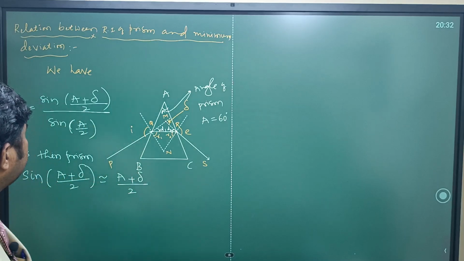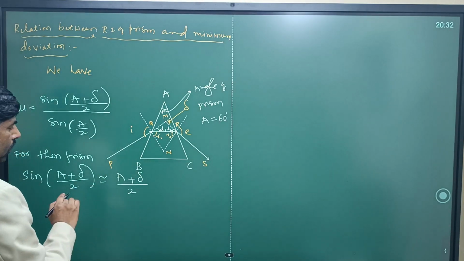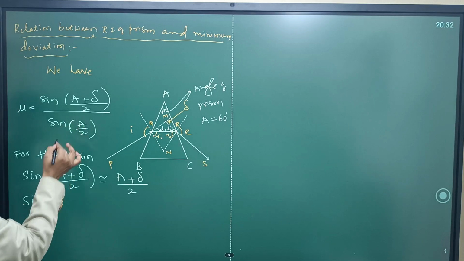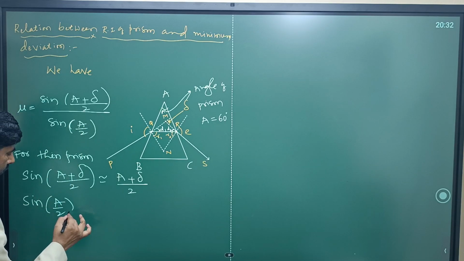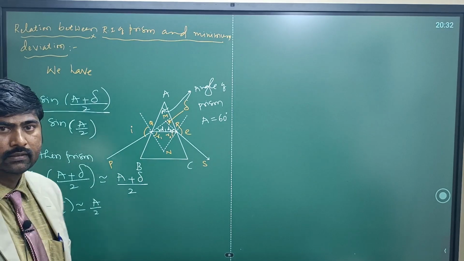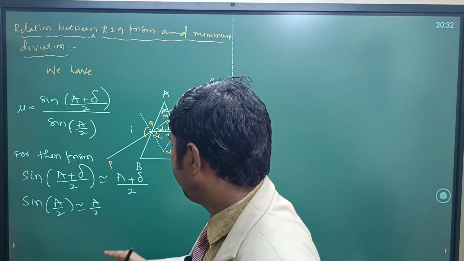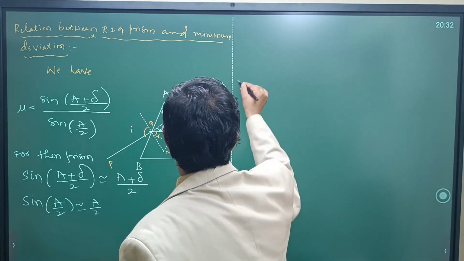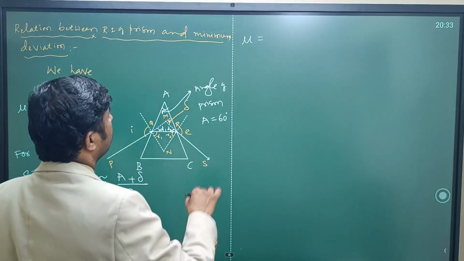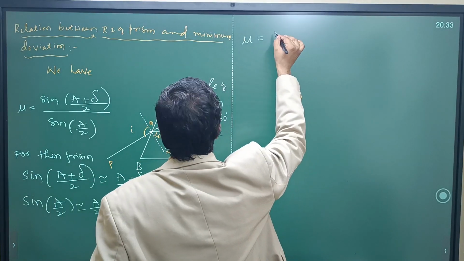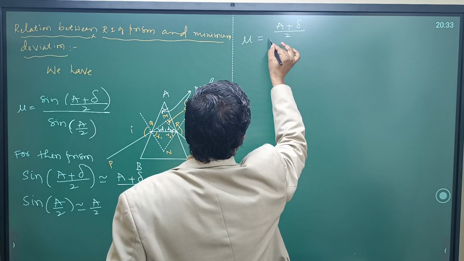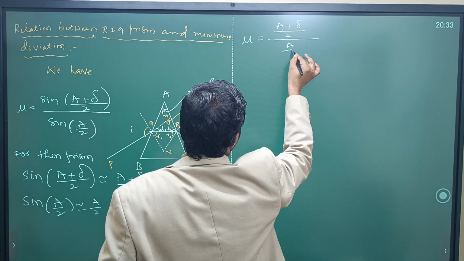Again in the denominator, sin of A by 2 also becomes A by 2. Got it? Now we substitute these two values into the refractive index formula, so mu is equal to (A plus delta) divided by 2, divided by A by 2.